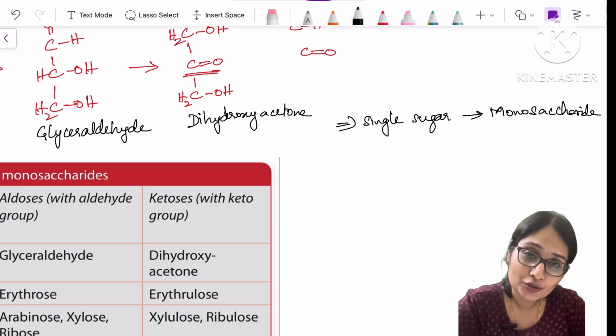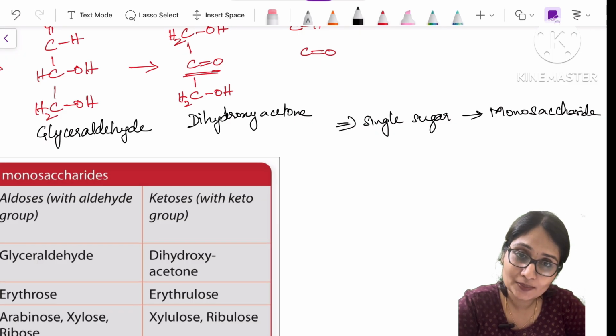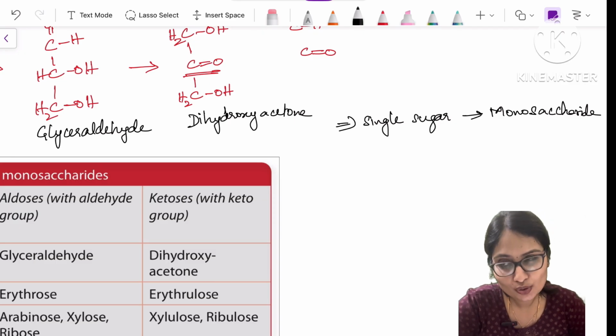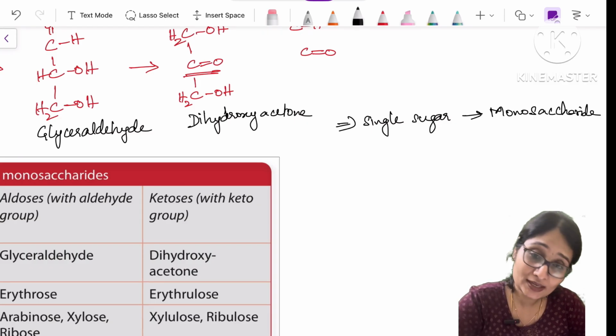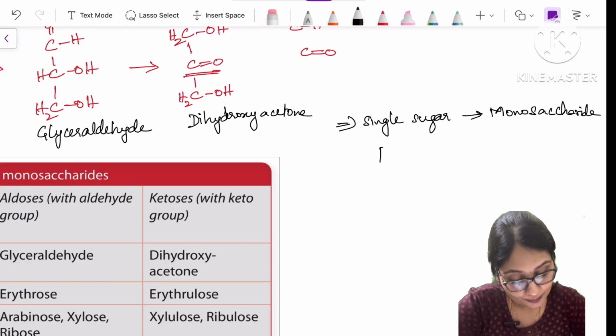If it contains two sugar units, it is called a disaccharide. Three sugar units, a trisaccharide. Up to, for example, 3 to 10 sugar units, it is called an oligosaccharide. And if it contains more than 10 sugar units, it is called a polysaccharide.